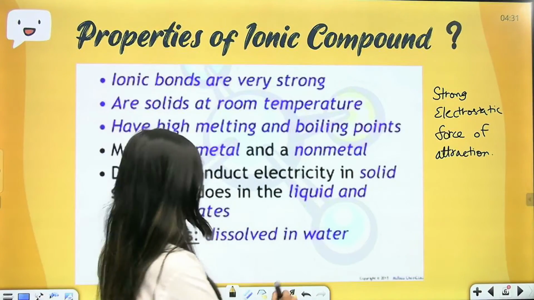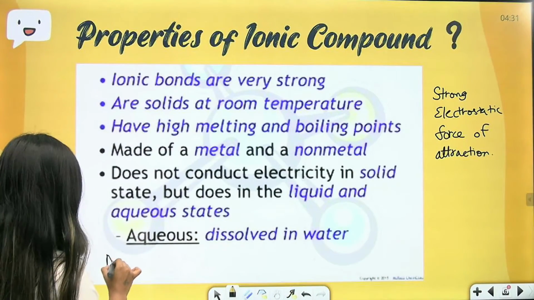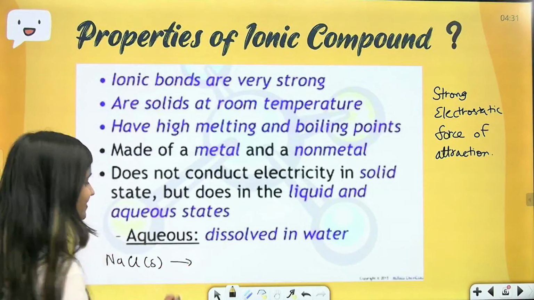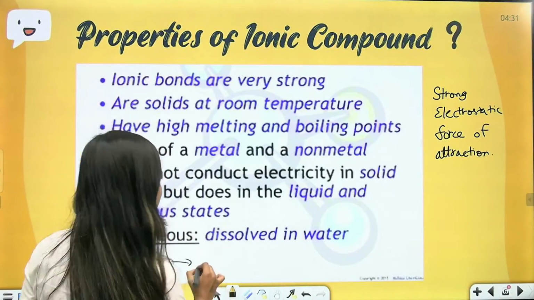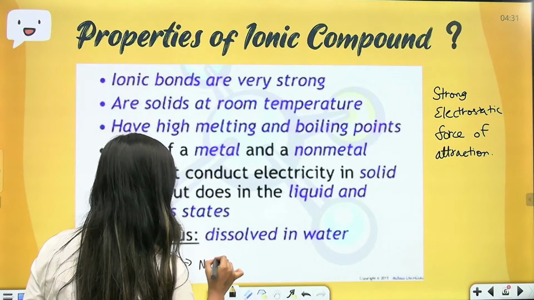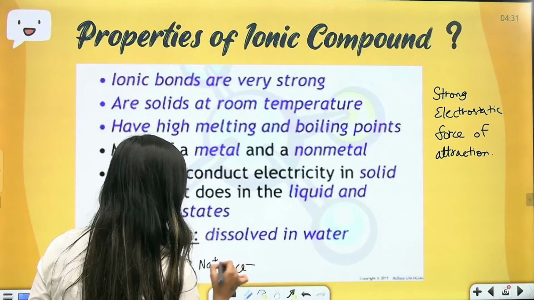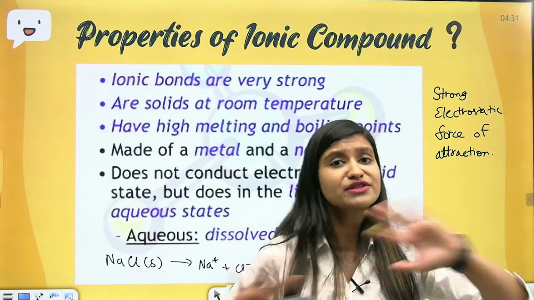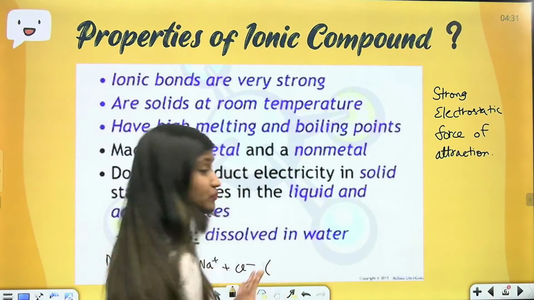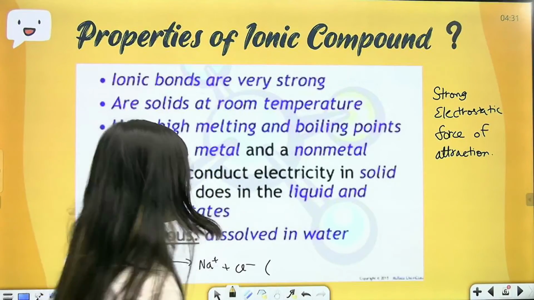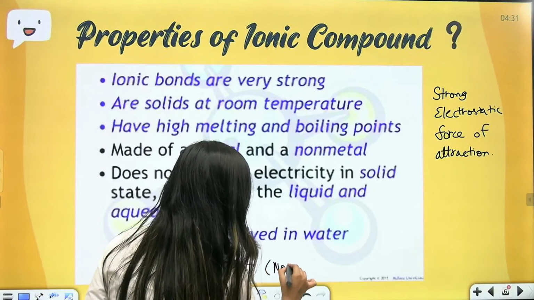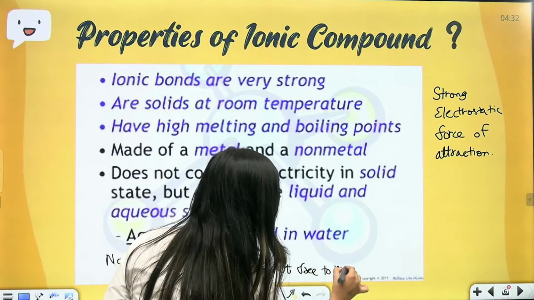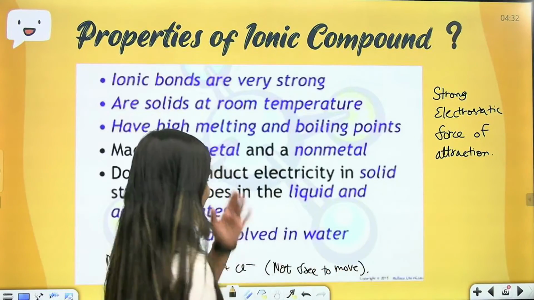If you have solid NaCl, it definitely has ions, that is Na positive plus Cl negative. It has ions, but these ions are not free to move. This is the problem with these ions.